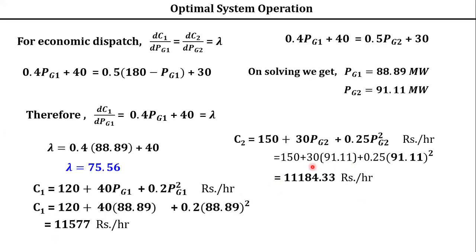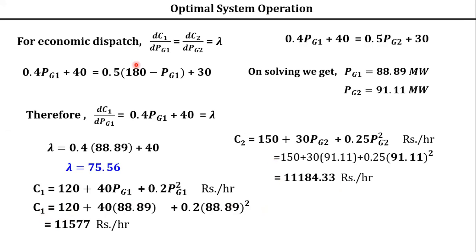Others can also cross verify, and if any discrepancies are there, you can inform me. As of now, let us go with C1 as 5255.88 and the cost of plant 2 as 4958.56.